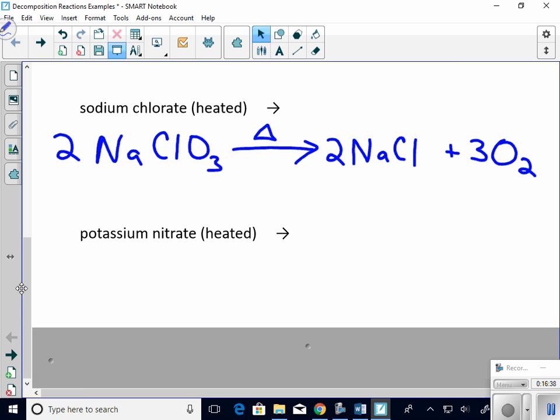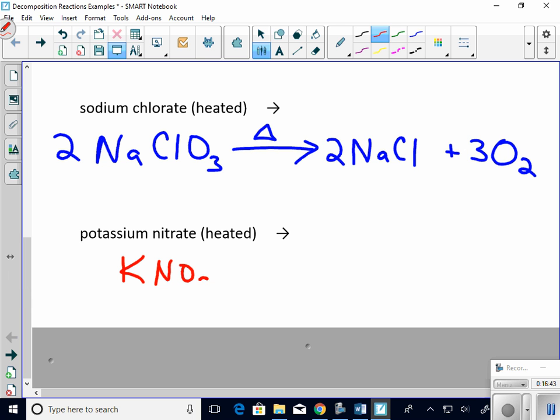So, potassium nitrate, KNO3, heated. What does my outline tell me it forms? The nitrites and oxygen.